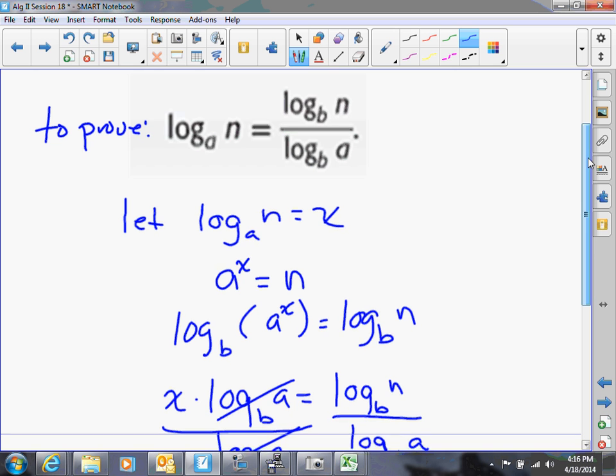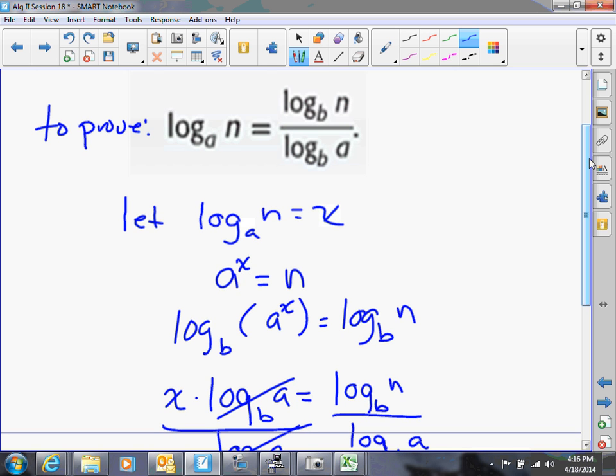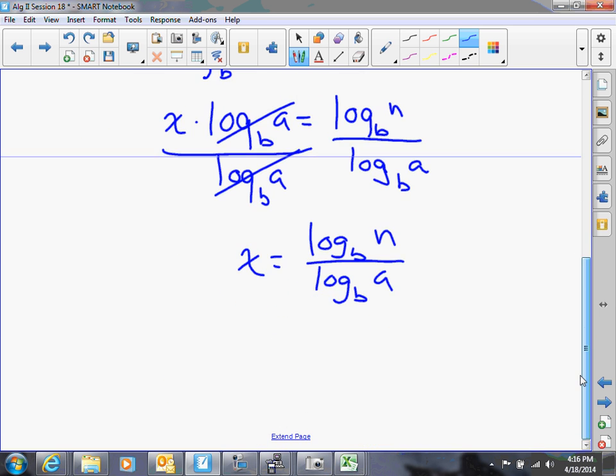But now, let's go back and look at what x was originally. Originally, x was log base a of n. So where I see x way down there, I'm going to replace that with log base a of n. So I have log base a of n, that's what I'm replacing x with, is equal to log base b of n over log base b of a.